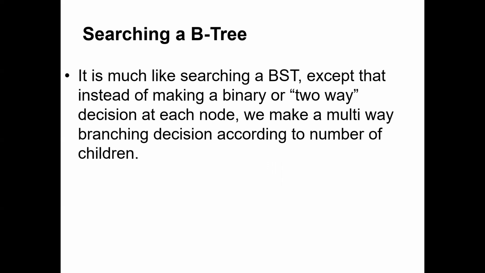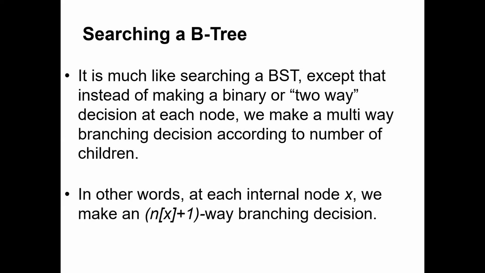So if you go through the values in a node and find that the value you are searching is greater than this particular key but smaller than the next key in this node, then you can go to the sub-branch in between them. So in other words, at each internal node x, you have an nx plus 1-way branching decision, where nx is the number of keys in the node, rather than the 2-way branching decision in the case of binary search trees.